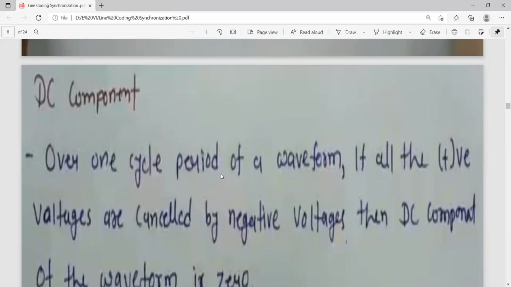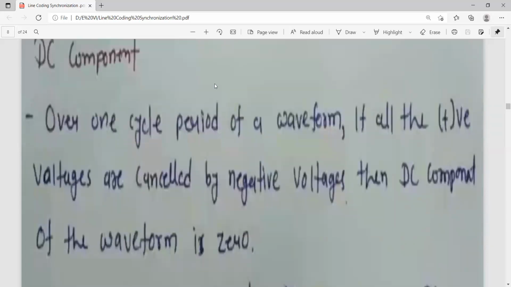So there is a need for a coding process to eliminate continuous zeros or continuous ones, but the receiver must still understand where zero is and where one is. So the coding techniques are very important, and therefore this DC component role is very important.